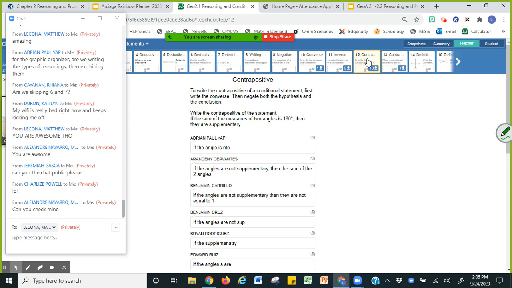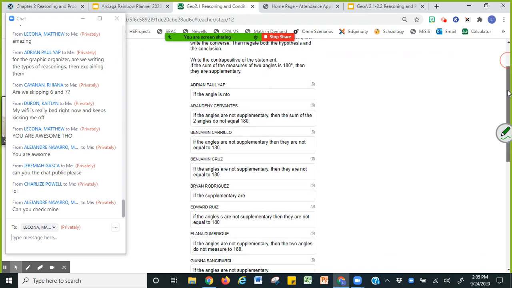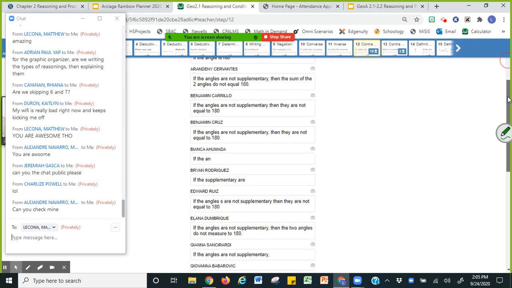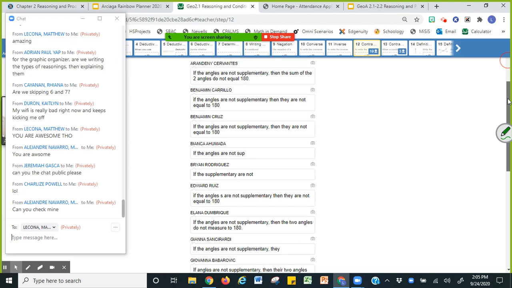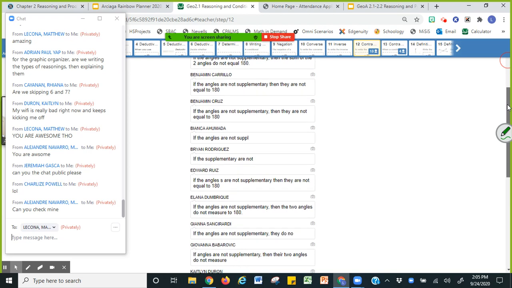There will be one slide in your digital notebook in which you will find a counterexample to a statement. A counterexample is an example that makes the statement false. All right, so now that you've written it, I'm going to scroll down. I have to see the word not two times, both in the hypothesis and in the conclusion part. Yay!